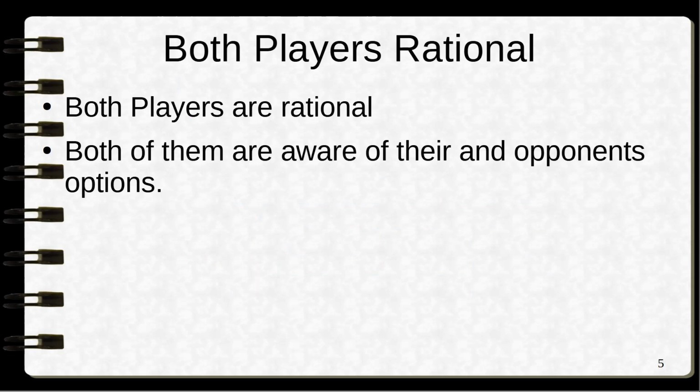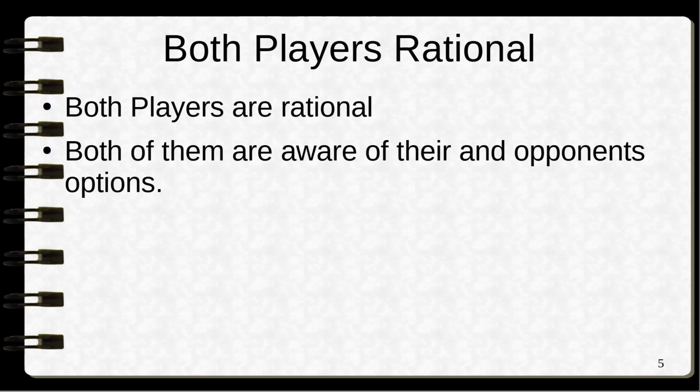Now, what we assume is that both players are rational, that is, they would take rational decisions, they wouldn't take irrational decisions, and both of them are aware of what their opponent's options are. Obviously, when you have 2 days and two cities, what are the options politicians have? Fair options, of course, we're talking about.